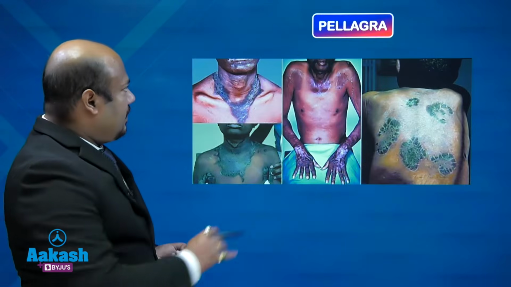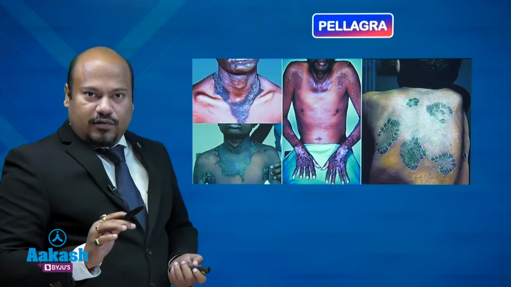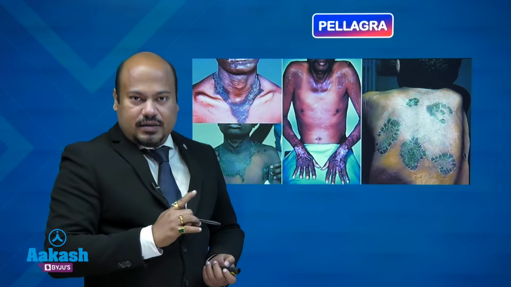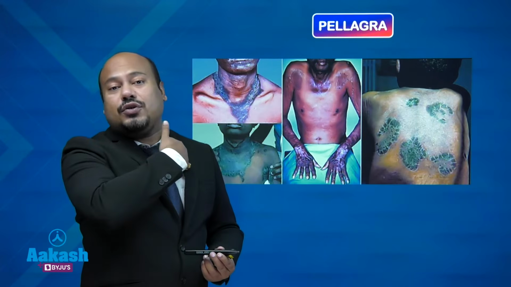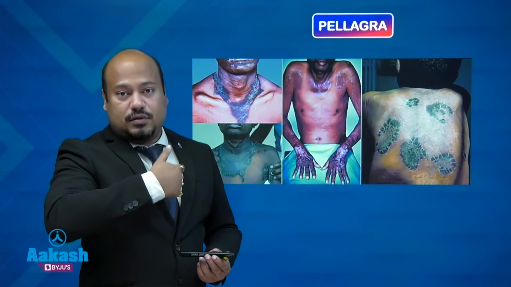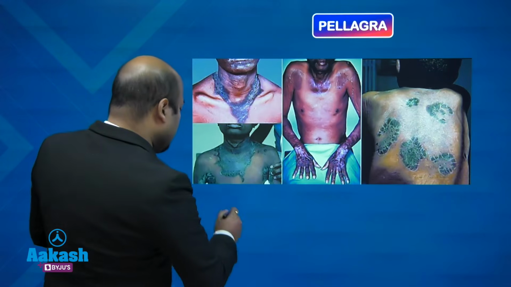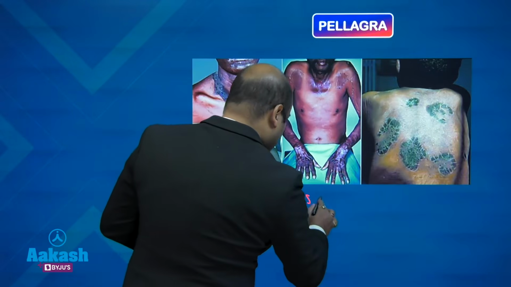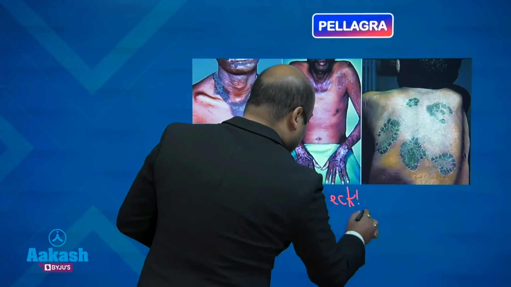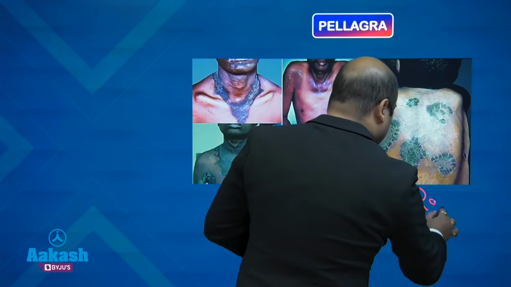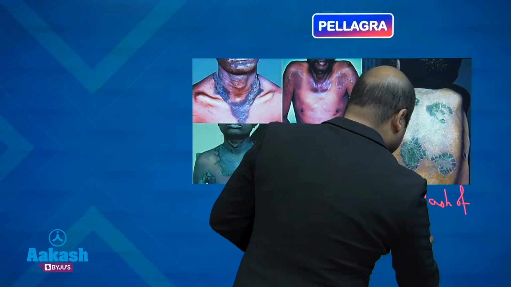And this is the classic appearance of pellagra. As you know, in pellagra, one D is dermatitis, and in dermatitis there is a rash around the neck in the pattern of a necklace. We call this Casal's necklace. Casal's necklace is basically the rash of pellagra.